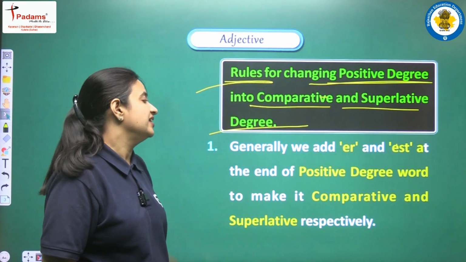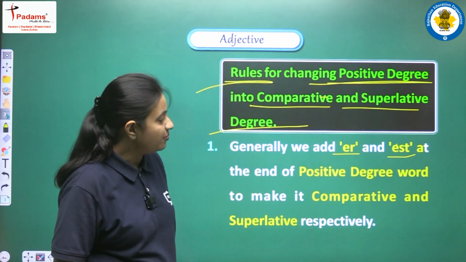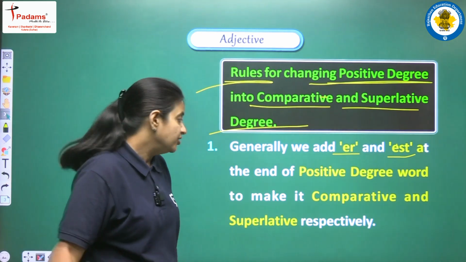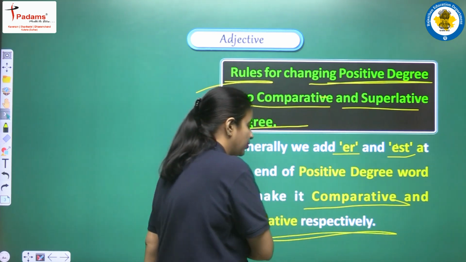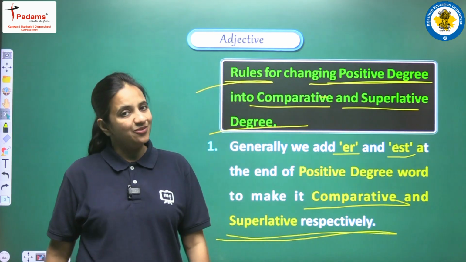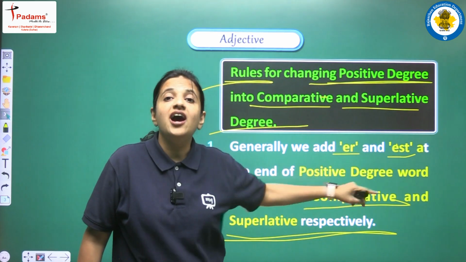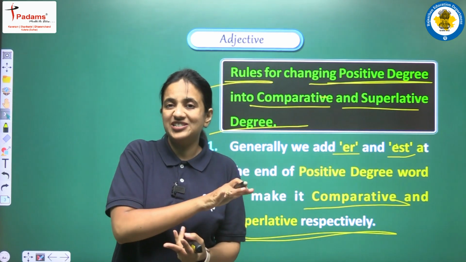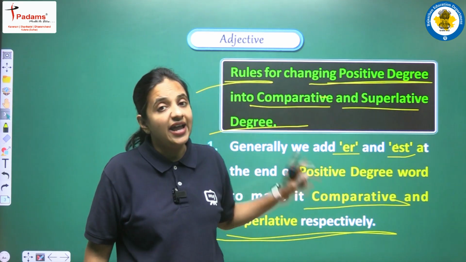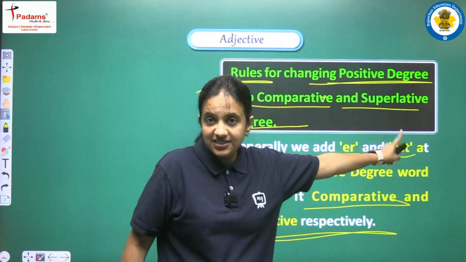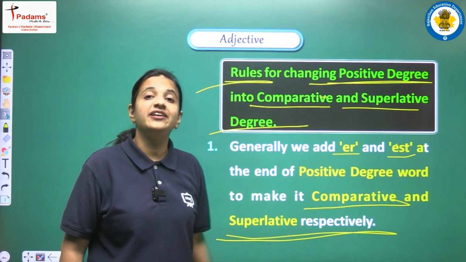Generally we add er and est at the end of the positive degree word, to make it comparative and superlative respectively. So what does it mean? According to this point we just add er at the end of the positive degree word to get the comparative degree word, and we add est at the end of the positive degree word to get the superlative degree.